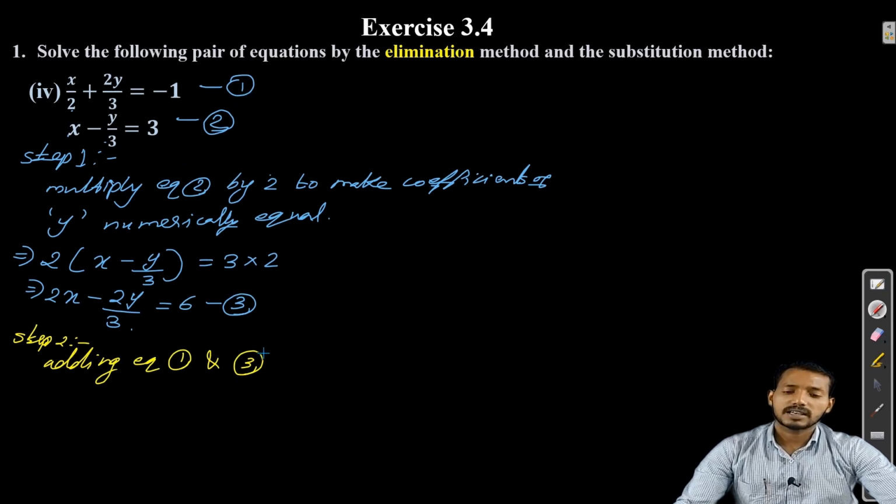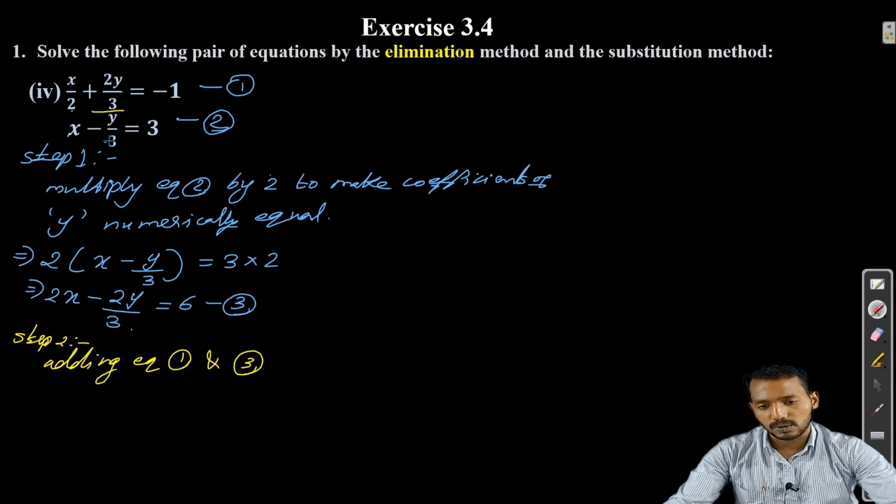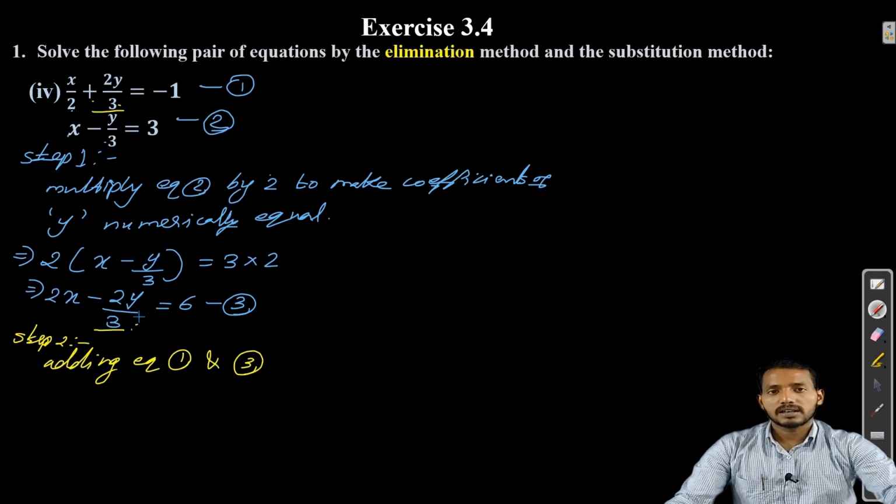So here, see, why are we adding? Because the coefficients are numerically equal. Here it is plus 2 by 3, and in equation number 3 that is minus 2 by 3. So here the coefficients of y are numerically equal, but the sign is opposite. Because of that we need to add the two equations to eliminate y.